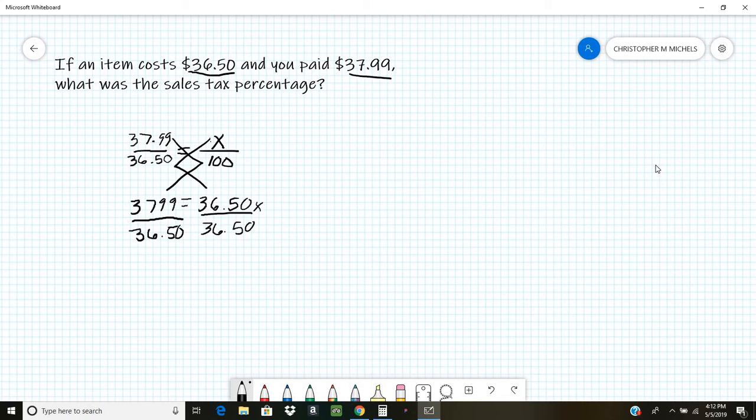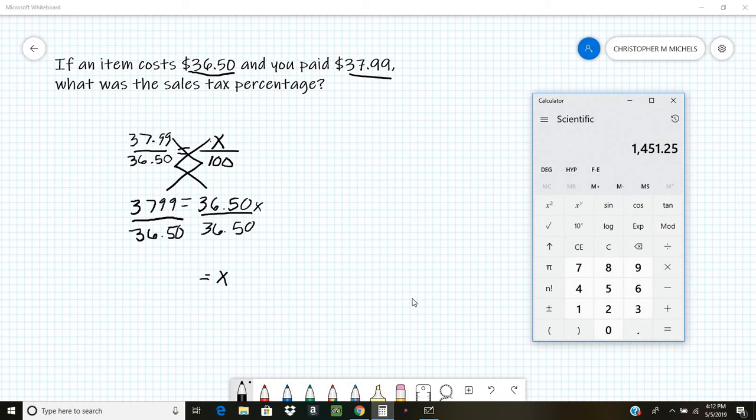Okay, and again, there's different ways you can do this. Everyone kind of interprets things differently. I'm just trying to show you the way most people set it up. Okay, so let's do the division there. So 37.99 divided by 36.50. So we get 104. I get a really big number there.